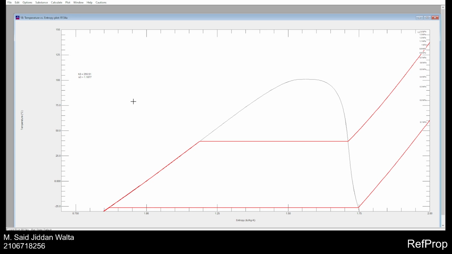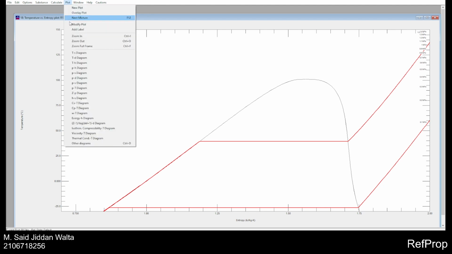Next, we can find the enthalpy and the entropy values of the first point, which is the start of the compression point, which is likely to occur around here. First, we need to find out what is the temperature at the saturated point of this 0.1 megapascal pressure.